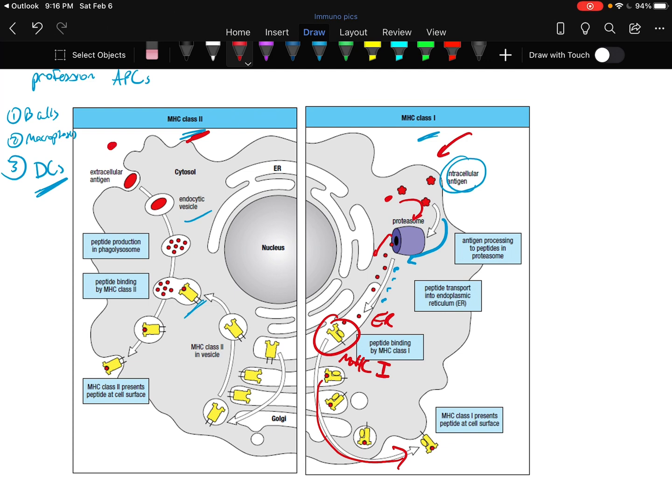So let's say this is a virus right here. It would sample this virus, and it would engulf it through various different mechanisms that we can discuss later. But it would engulf it, and then it would end up breaking down the peptides of this virus, and it would add this major histocompatibility class 2 complex to it, and that would eventually be put onto the cell surface so that other cells could recognize it.